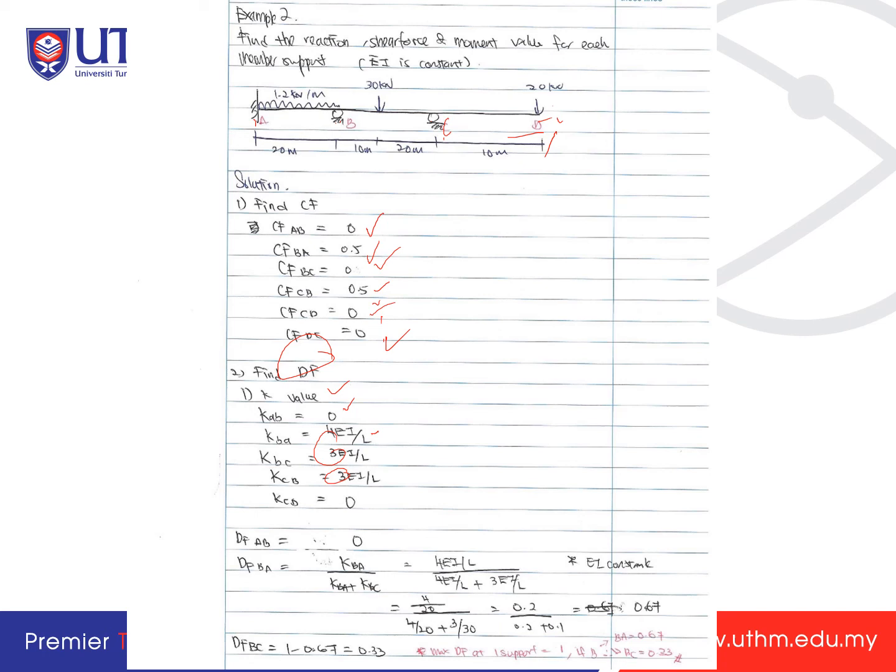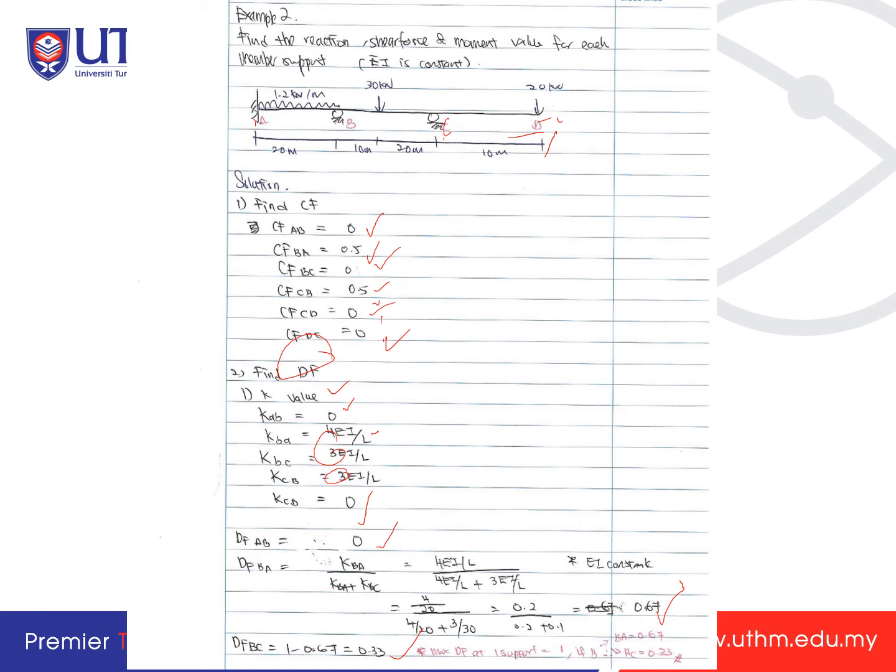Okay, and then KCD now is 0. After you get this, you will get the value of the distribution factor. AB you will get 0, and then BA you will get 0.67, and then, if you want a faster way, you can use FBC is 1 minus 0.67, you get 0.33, because the total must be 1 at one support.